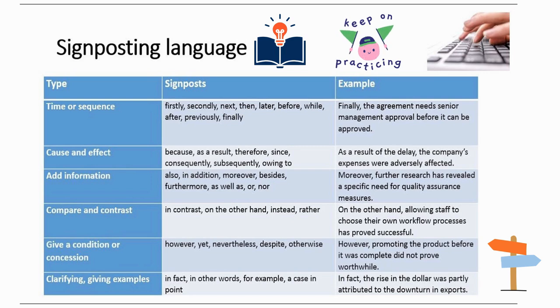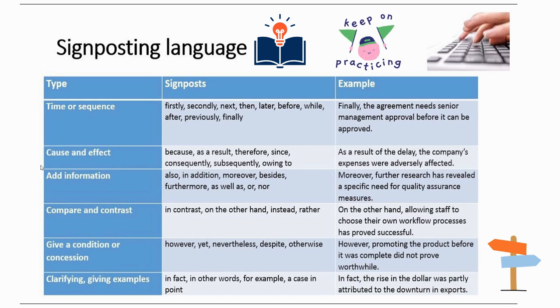Let's look at one example: "Finally, the agreement needs senior management approval before it can be approved." This is the final statement made by somebody, and to conclude the whole thing, they have written "finally", which indicates that this is the last statement the person is going to say.